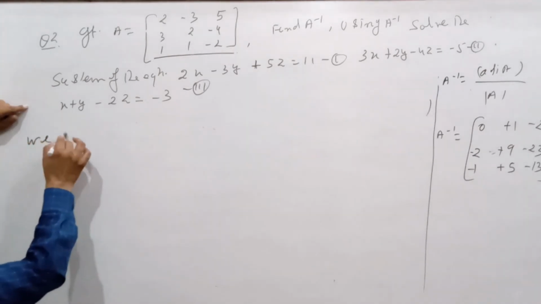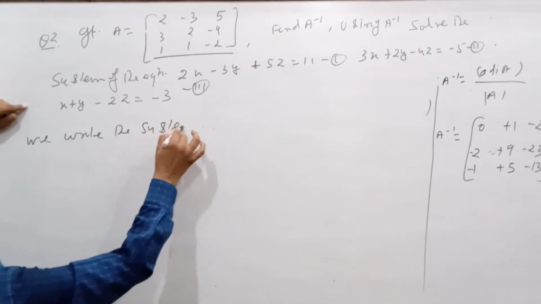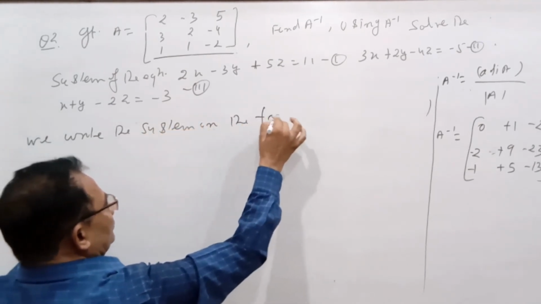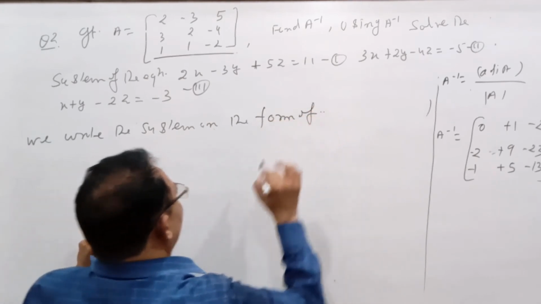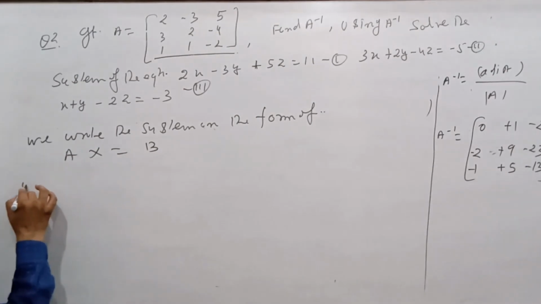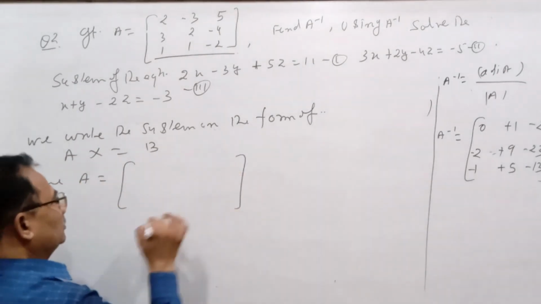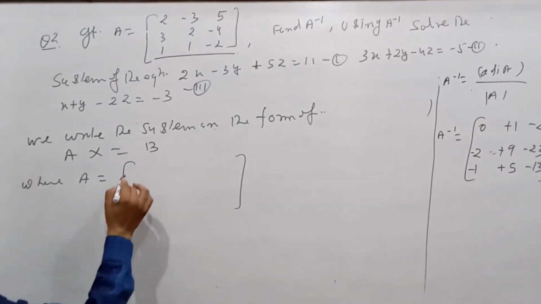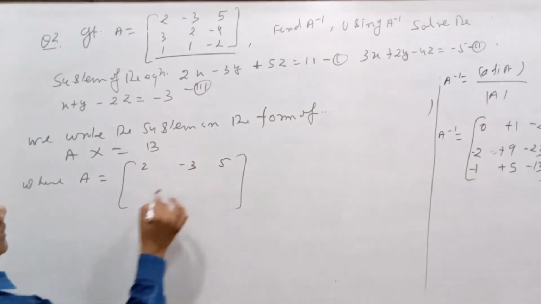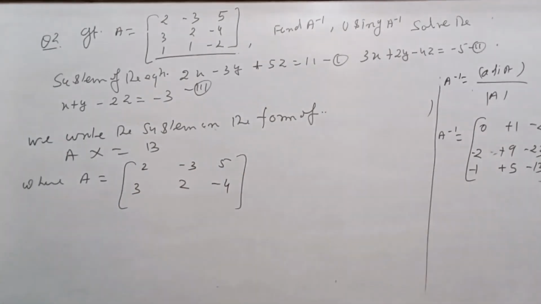We write the system in the form of AX is equal to B, where A should be equal to 2, minus 3, 5, 3, 2 and minus 4.